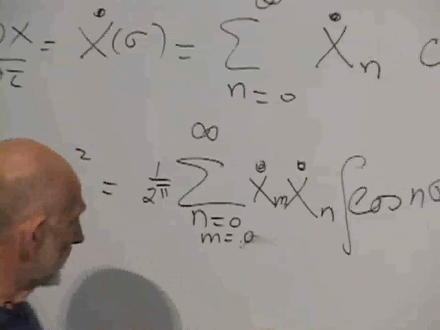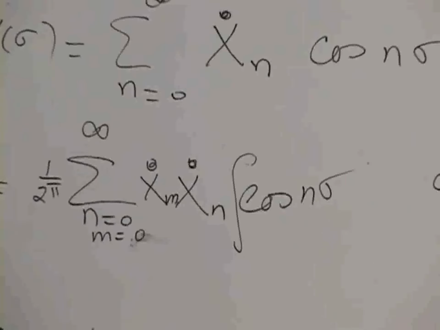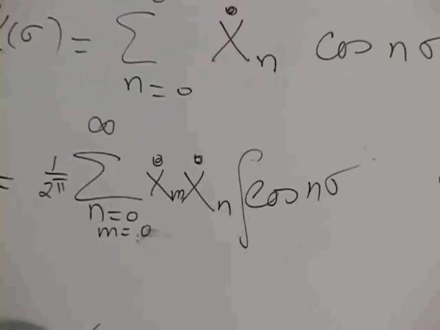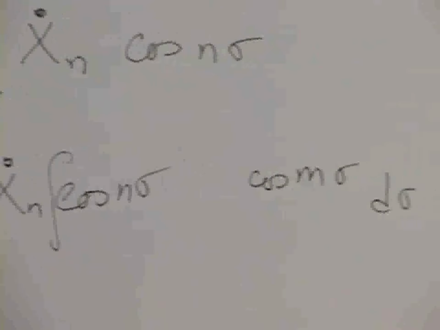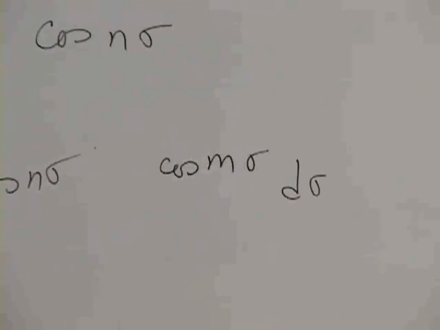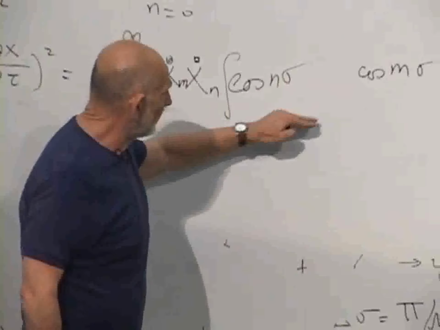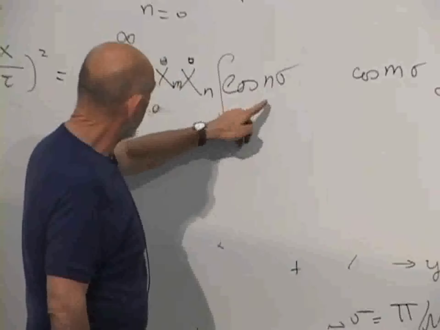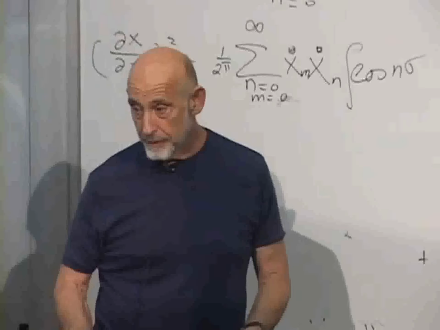How about this integral? The integral has 2 kinds of terms. It has terms with n and m not equal to 0, and another term with n and m equal to 0. We have to be a little bit careful about them. First of all, after we've integrated over sigma, there will be no terms with n not equal to m.